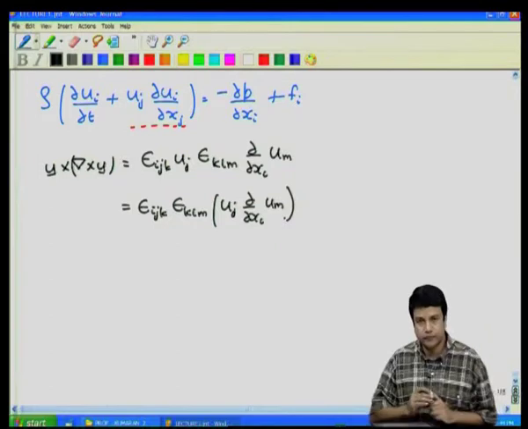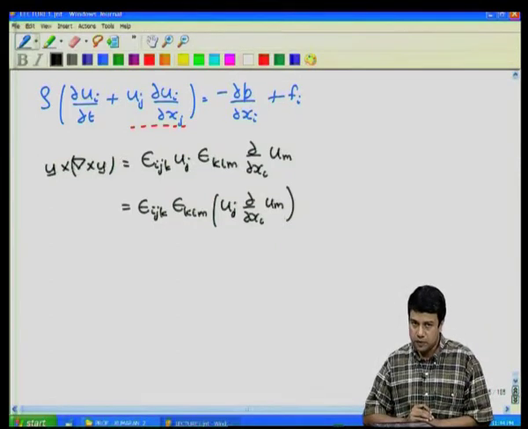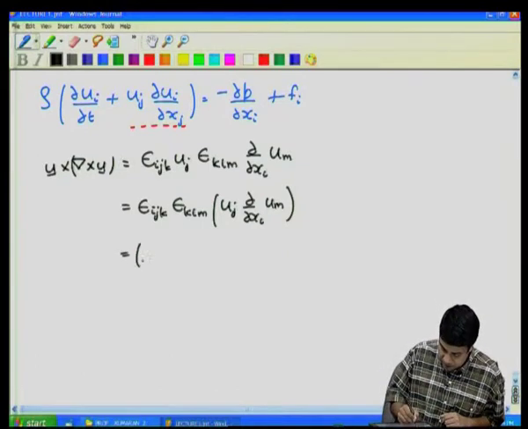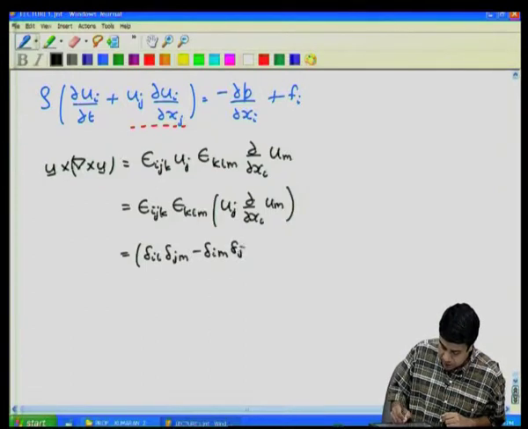And we know what epsilon ijk times epsilon klm is. It is a product of two antisymmetric tensors, ends up being a real fourth order tensor, and this can be written as delta il delta jm minus delta im delta jl.